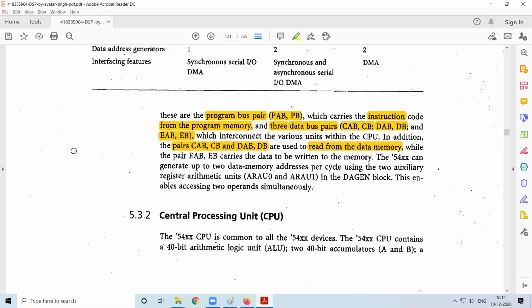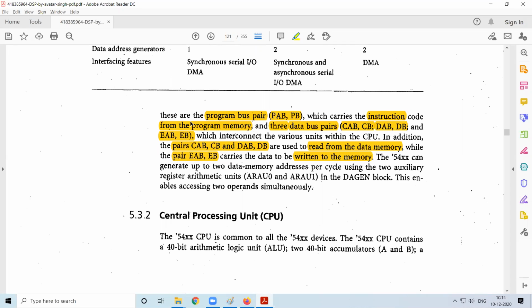Next, we can see that the other pair, EAB and EB, carries the result, and that is written into the memory. Because of this architecture, I'll be able to fetch an instruction, fetch 2 operands, and at the same time operate and get the results and store that result into the memory using these buses.